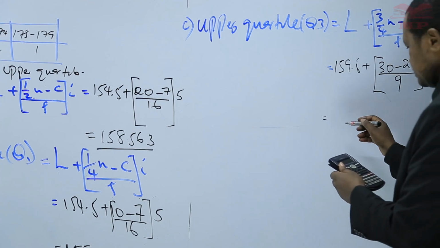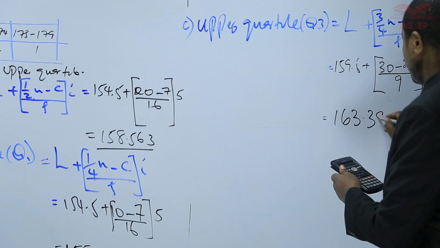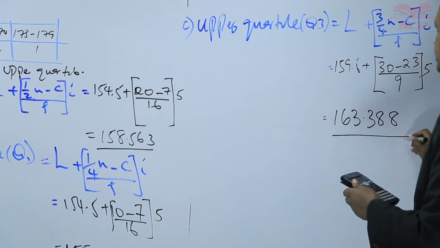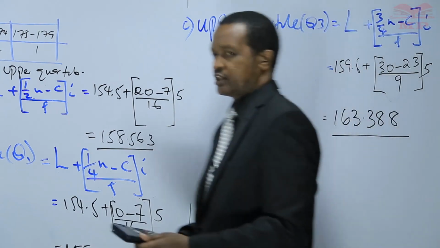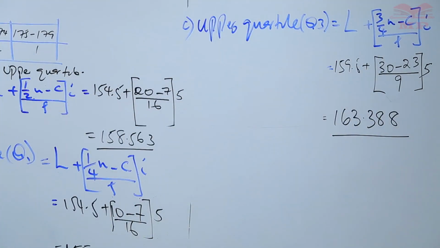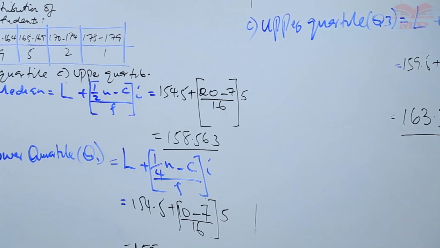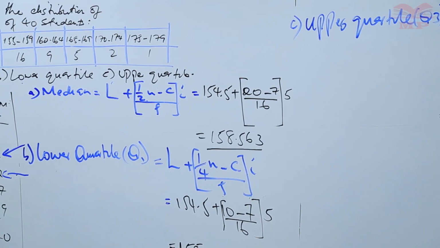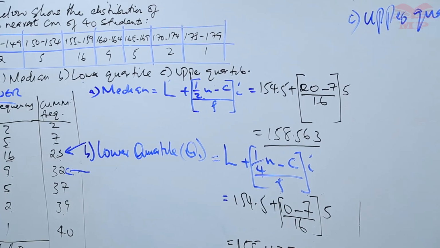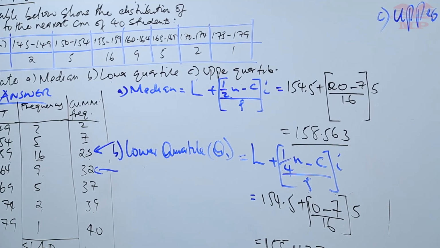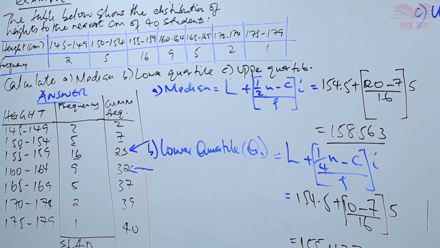So the answer here is 163.388. That is the upper quartile. So we have calculated the upper quartile, learners, and that marks the end of our today's lesson.